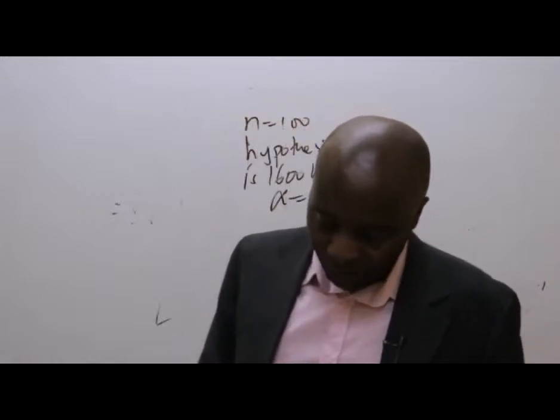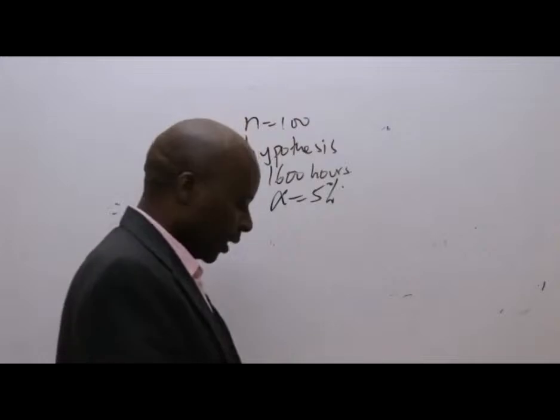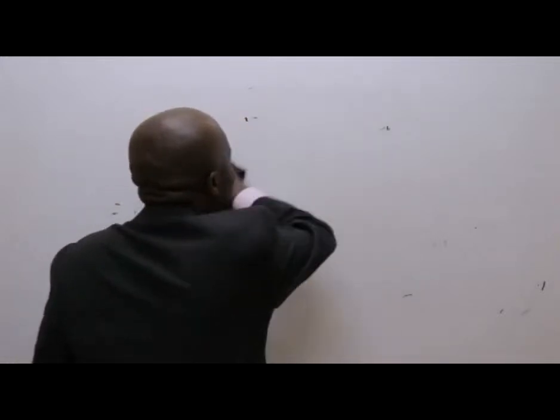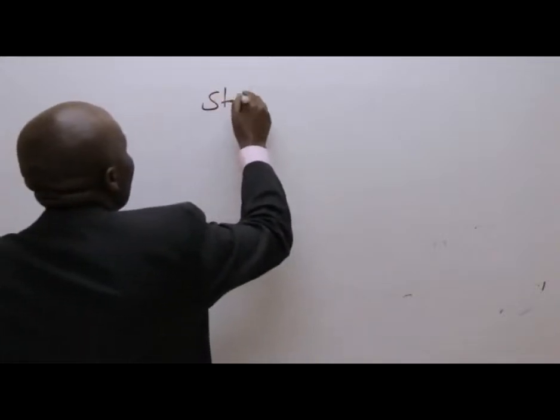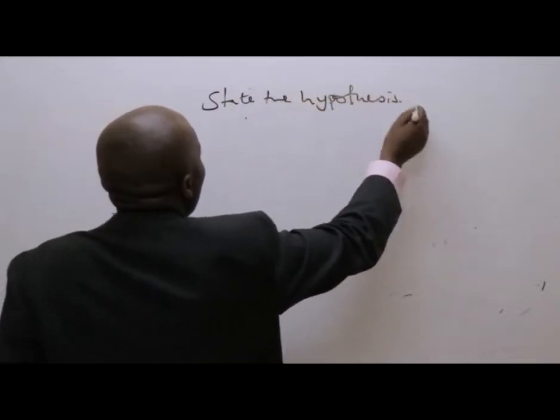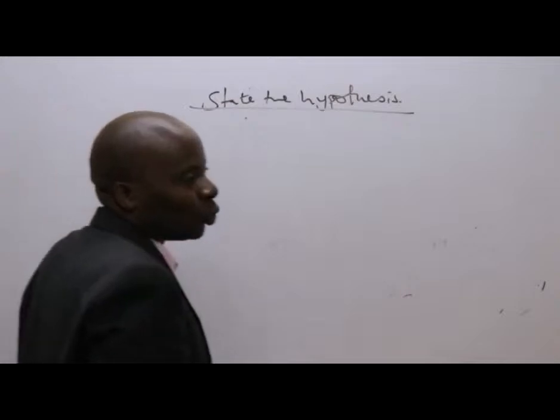This is very, very easy. So how do we get started? We state the hypothesis. So step number 1, state the hypothesis. So the hypothesis, we normally have 2 claims.